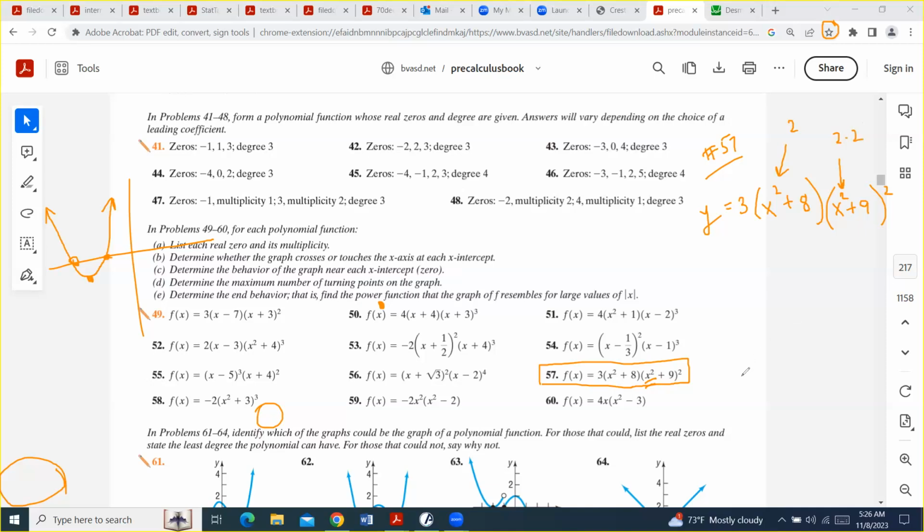Here we're trying to get degrees, so we have to add all of those, but this is going to be x to the power of 4. You see, because x squared and squared, it's x squared times another x squared, so it's 2 and 2, 4. So we multiply the powers. That's a little formula that we have in here. So because of that, our degree is going to be 6.